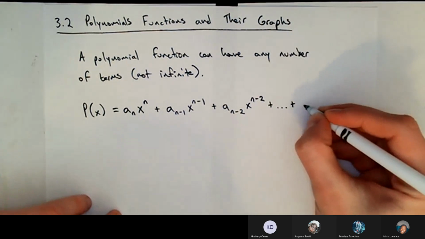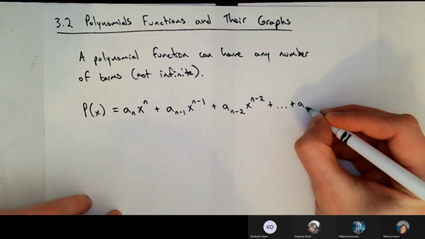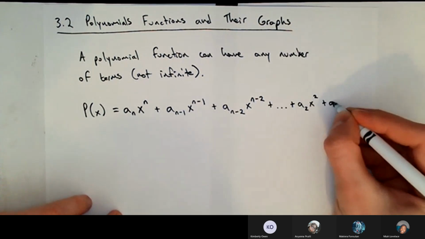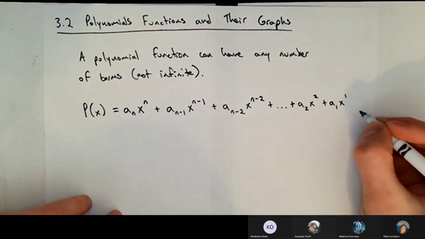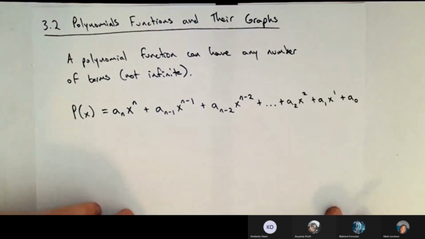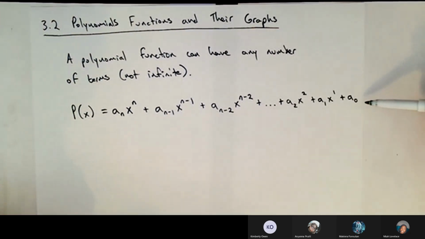And the last couple terms would be a sub 2 x squared, see the matching there, a sub 1 x to the first power, and then the last one is a sub 0 with no x term. Technically it's x to the 0, right?